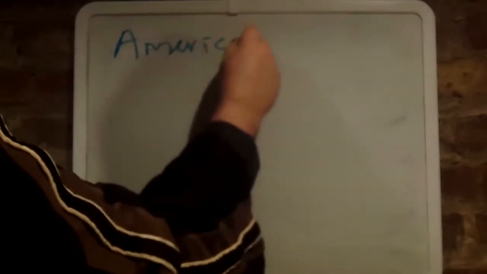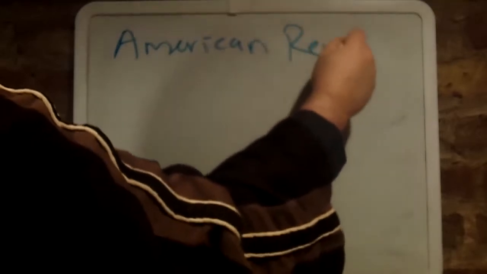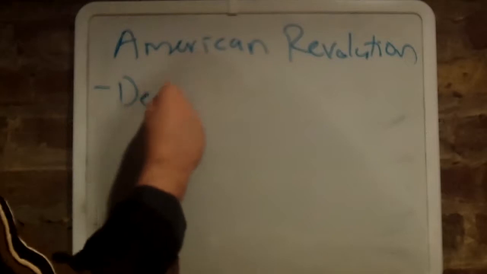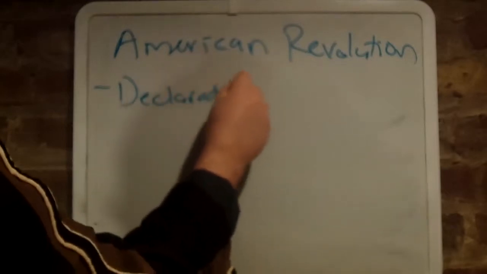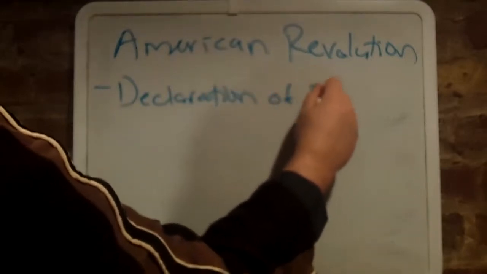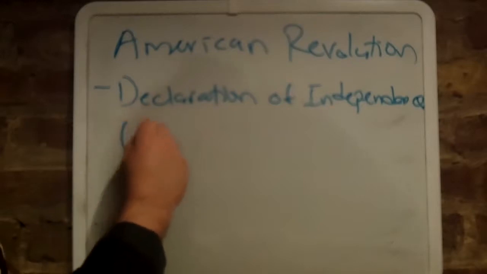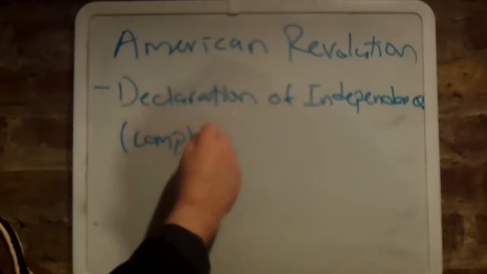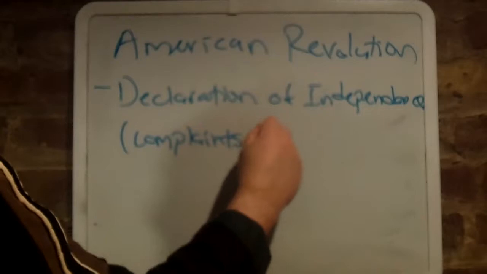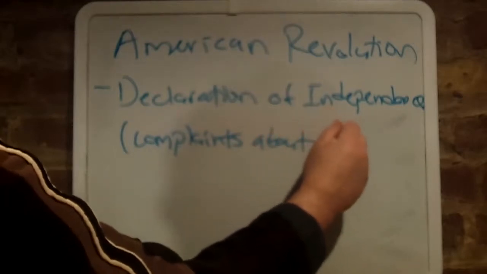Before they began the act of the revolt, there was the Declaration of Independence, which is basically just a long list of complaints about the way the colonies had been treated. Just complaints about taxes and so on.